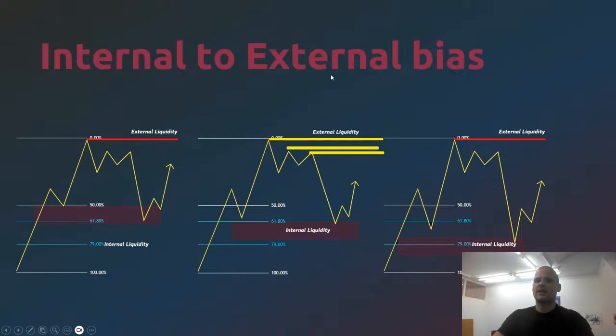And price still did not reach the external liquidity on the higher time frame. You can be sure that any breakouts down are false, it's a trap to take the traders into the wrong side of the market, right? And then the price will shoot up there, right?